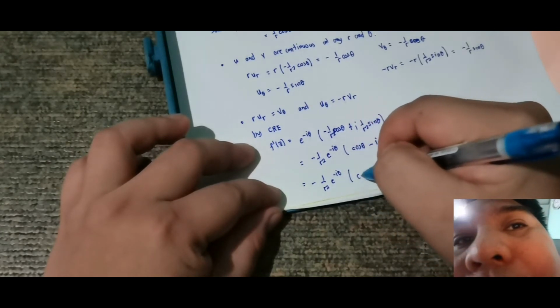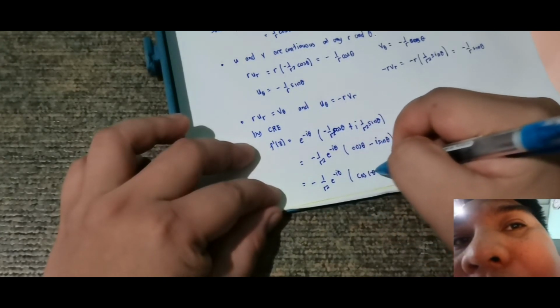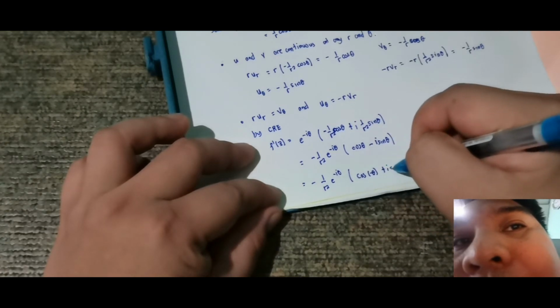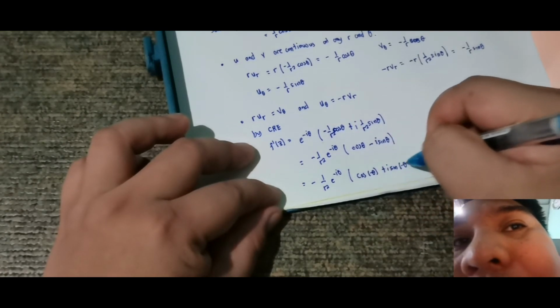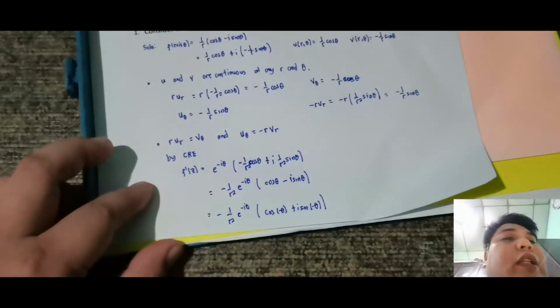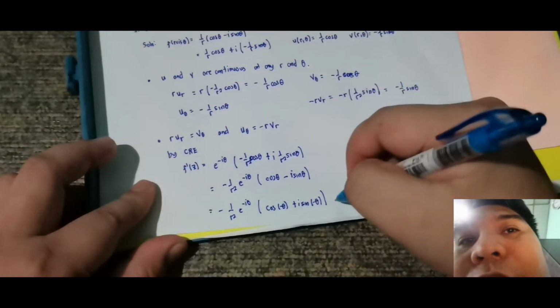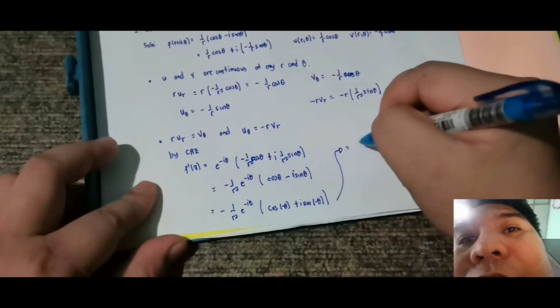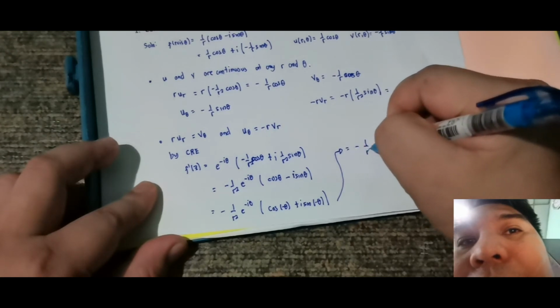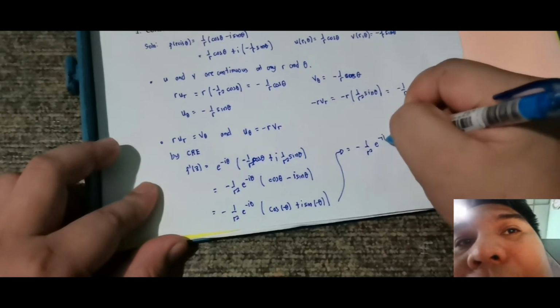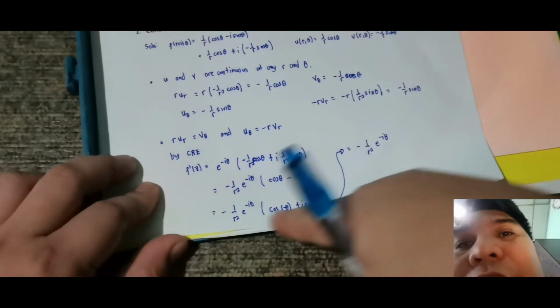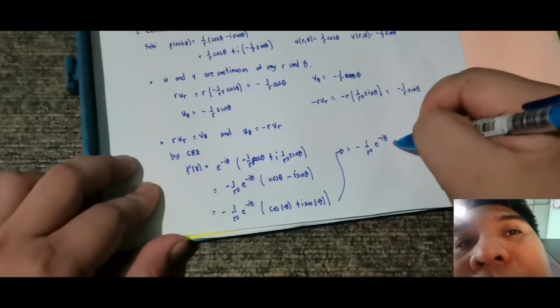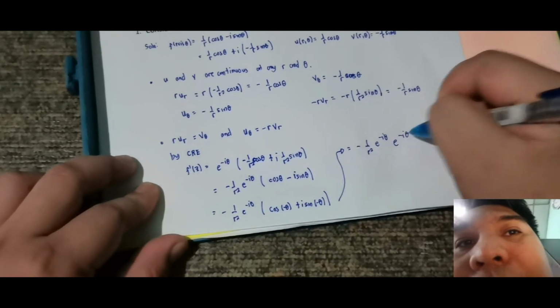Pwede kong gawin ganito, cosine of negative theta plus i sine of negative theta. So para lang makuha kay Euler's identity niya o Euler's formula. So dito lagay ko lang, by Euler's formula, this is negative 1 over r squared e raised to negative i theta. Yung Euler formula nito is e raised to negative i theta rin.